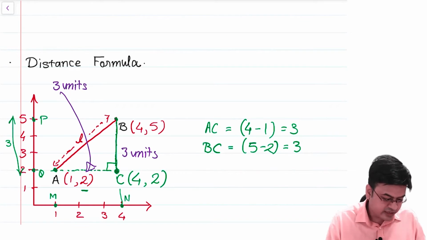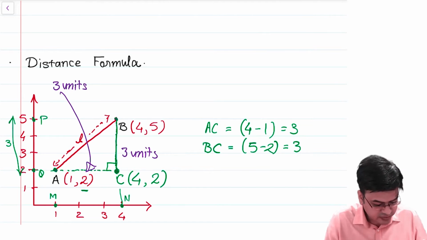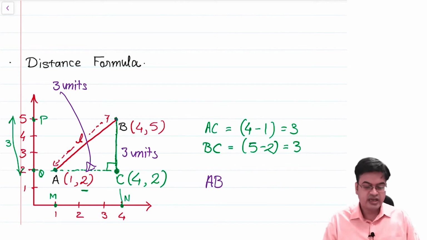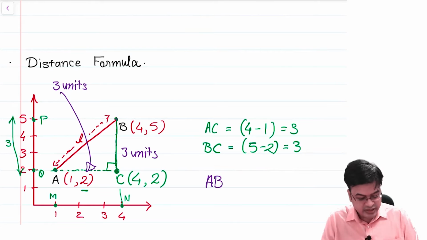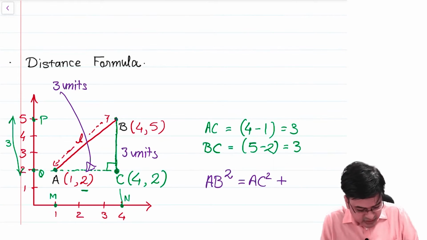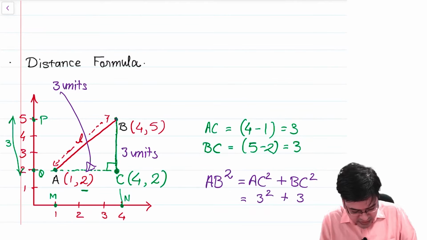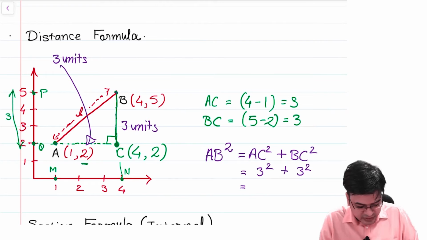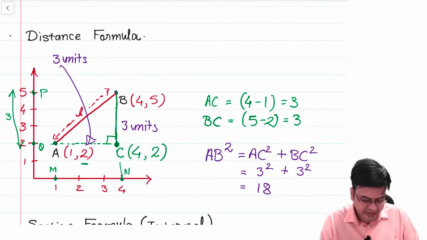Then I can ask the question, what is the length of AB? If I invoke the Pythagorean theorem, then it will be simply AB square is equal to AC square plus BC square, and that gives me 3 square plus 3 square, which will be equal to 9 plus 9, which gives me 18.